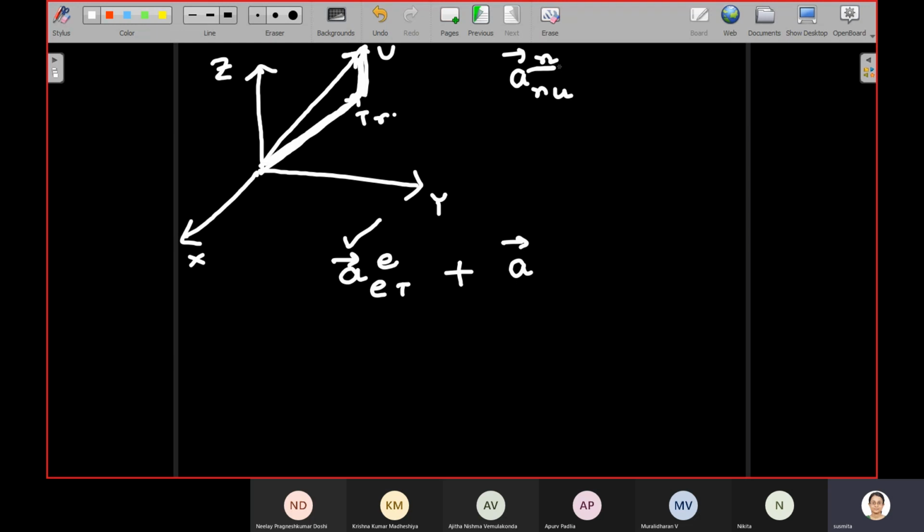How can we go from one resolving frame to another? So we require this vector resolved in the ECF frame. How can you change the resolving frame?